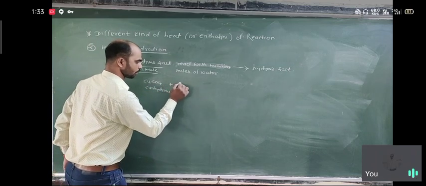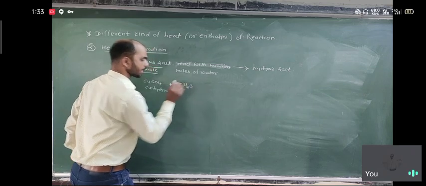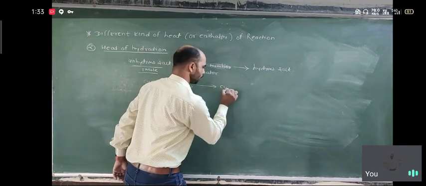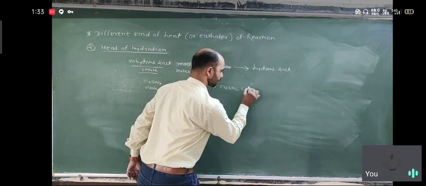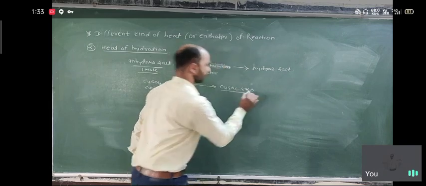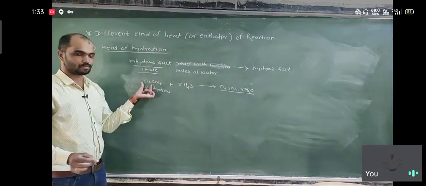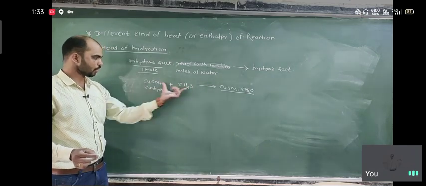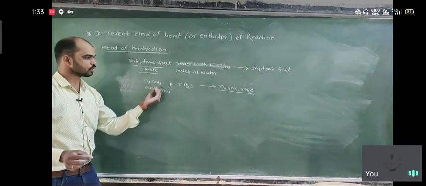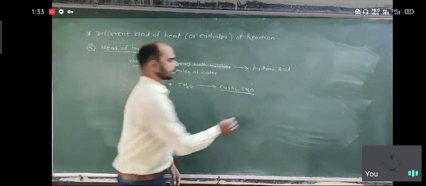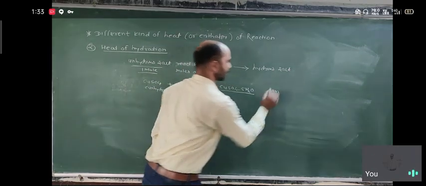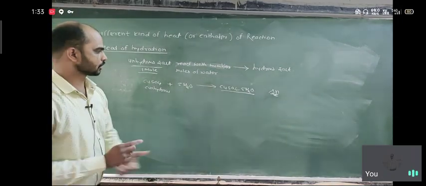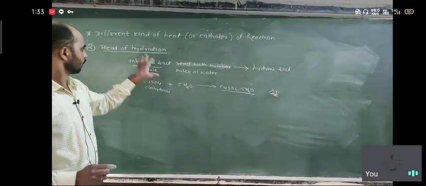When 5 water molecules react with 1 mole of CuSO4, it converts into CuSO4·5H2O. This is the hydrous form, and the other is the anhydrous form. When H2O molecules come in contact with CuSO4, the anhydrous salt converts into hydrous salt, and heat is evolved.